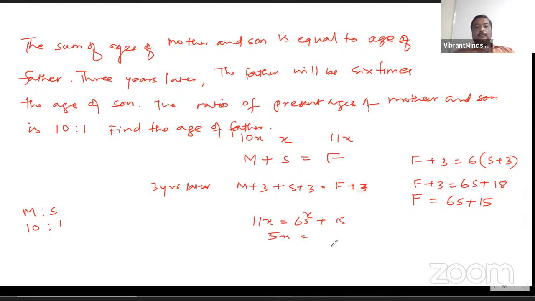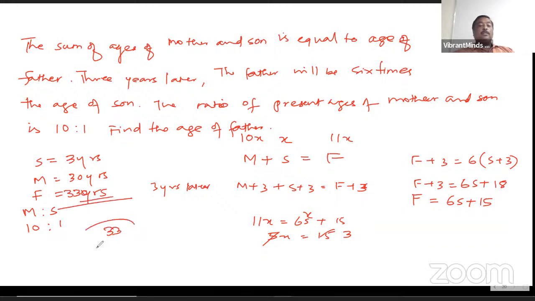So 5x is equal to 15. So son is of 3 years, mother is of 30 years, and father is of 33 years. So your answer is 33. Is it clear, guys?